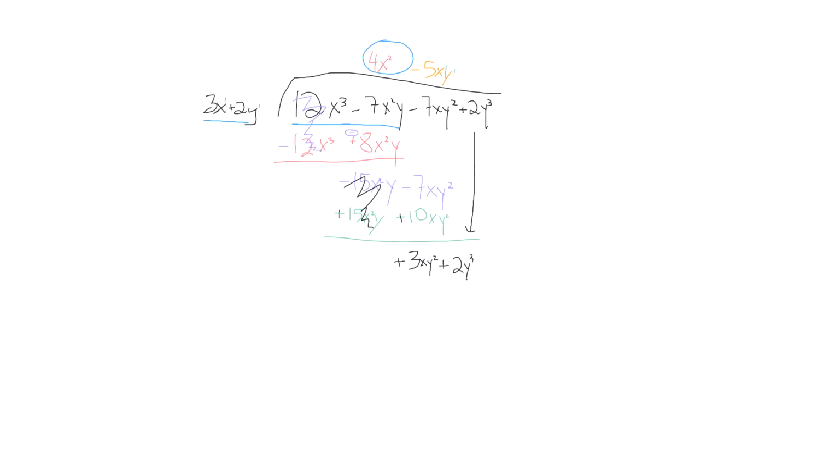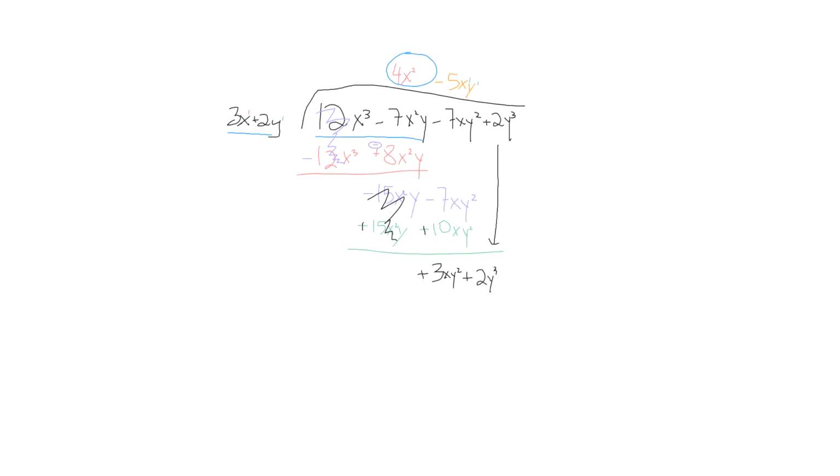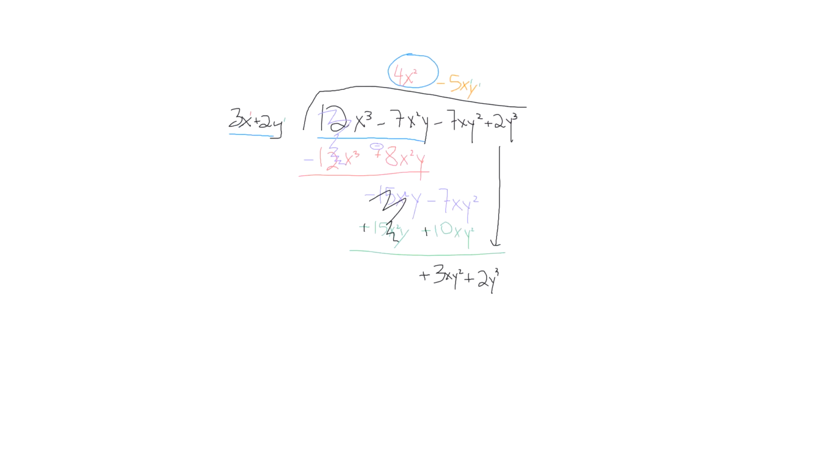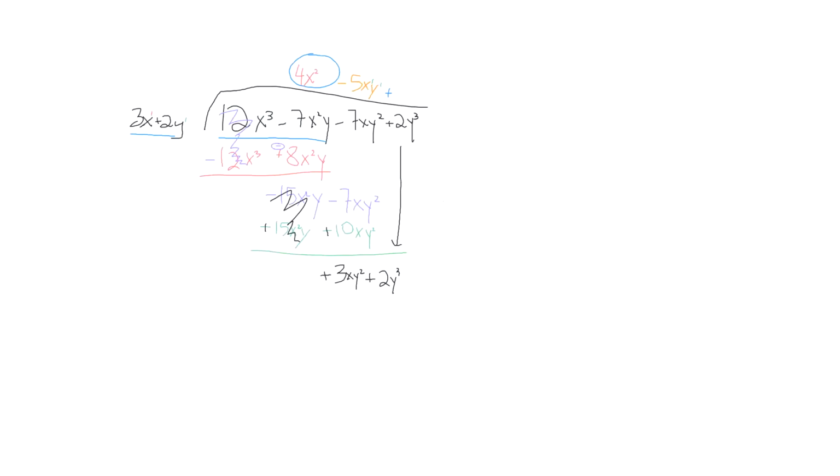I'm looking at this first term, 3x, with the 3xy squared, because that's what I want to get rid of. When I add them together, I want that to be gone. So I'll say 3 times 1 gives me the 3. It's going to be positive. I have 1x here. I have 1x here, so I don't need to do anything. I have nothing here, but I have y squared here, so it needs to be a y squared.